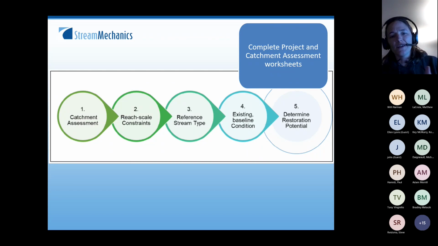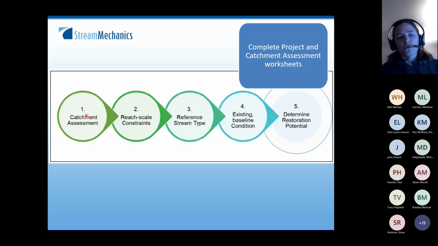This flow chart shows that the end goal is determining that restoration potential: whether or not you can restore biology to a reference condition, to fully functioning biology, which would be a full restoration potential, or whether your focus is going to be more on providing stability and habitat. Not that you can't have physicochemical or biological lift in that scenario, you're just admitting that the stressors of the watershed or the conditions are such that you can't restore biology to a fully functioning condition. That would be a partial restoration potential.